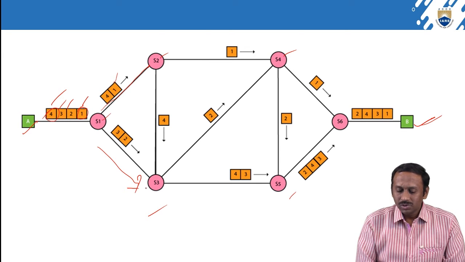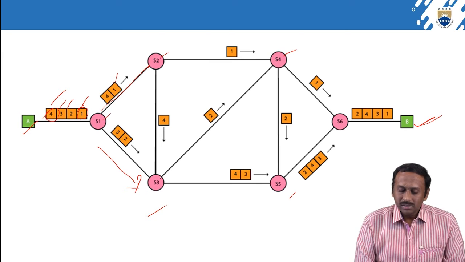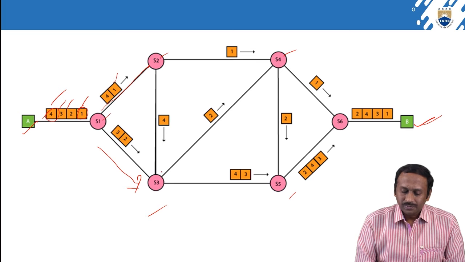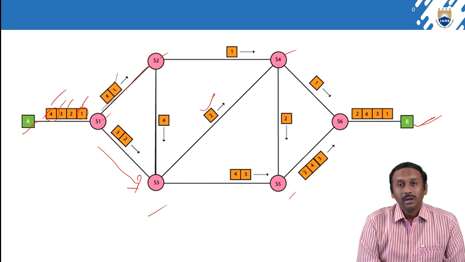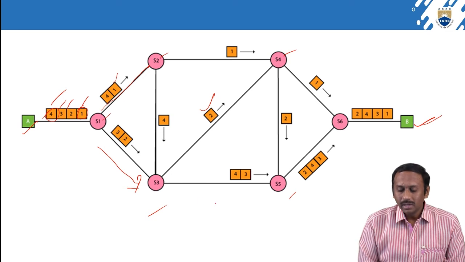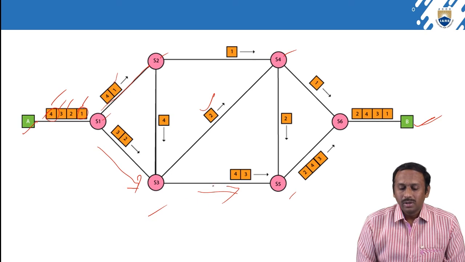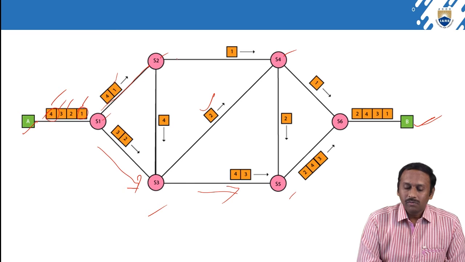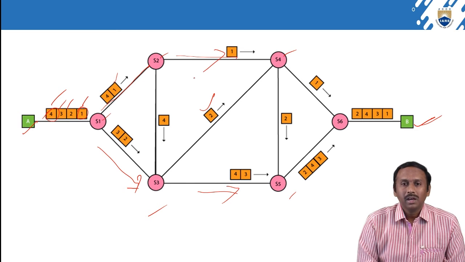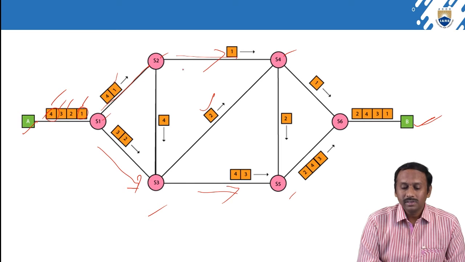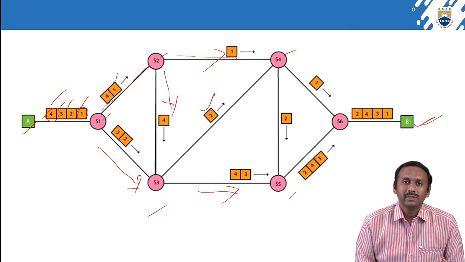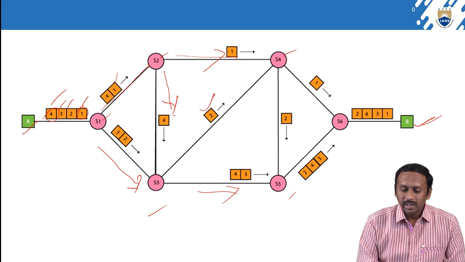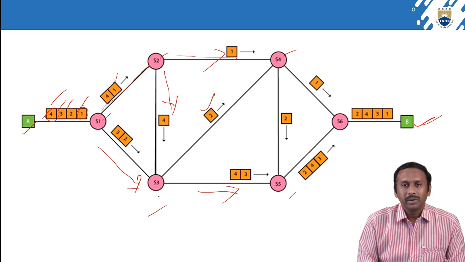Like this it is transferred. From S3 again it feels that 2 is the best route, and data packet 3 feels that S5 is the best route. After reaching here, packet 1 is transferring like this, and packet 4 feels that via S3 is the easy route. S3 is the best route, and again the data packet comes like this.